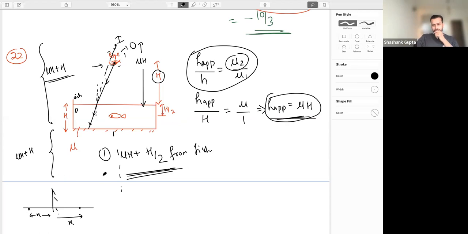Tell me, is this clear? For the mirror, the object distance is mu h plus h, and the image from the mirror will be on the opposite side at mu h plus h.